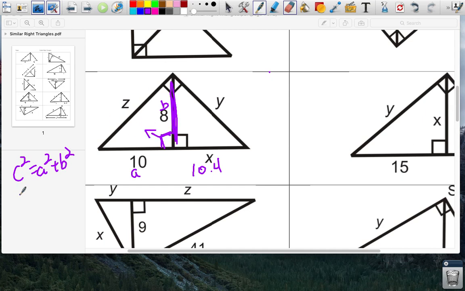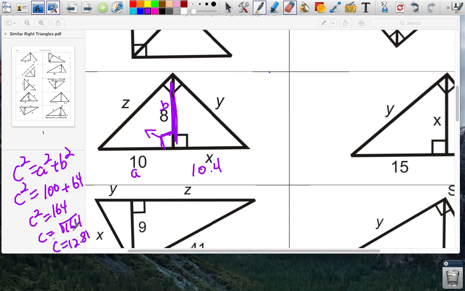If we substitute, we get c squared equals 100, because that's 10 squared, plus 64. And c squared equals 164, or c equals the square root of 164, which most times you will just type into the calculator with the square root function. That's about 12.81 if you change it to a decimal.